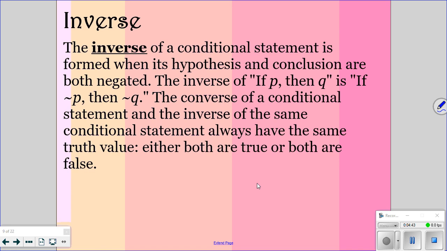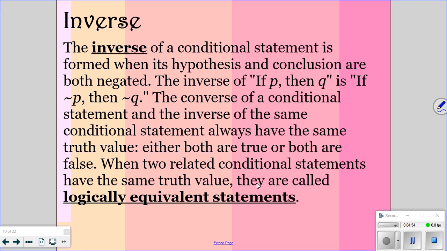So if your converse is true, your inverse is true. If your converse is false, your inverse is false. They are always either both true or both false. And whenever you have conditional statements that have the same truth value, they're called logically equivalent. So the converse and the inverse are logically equivalent statements because they're either both true or both false.